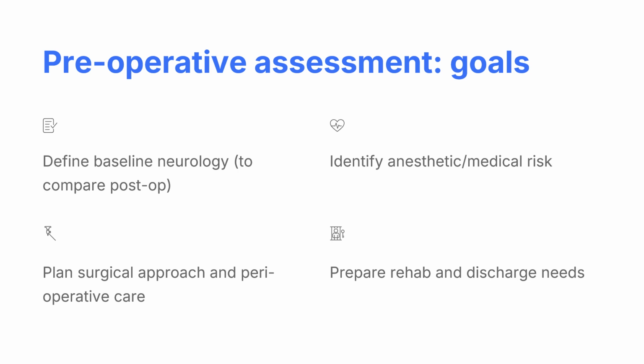That is what we should define. We should identify the medical risk or anesthesia risk. We should plan an approach. During perioperative care, surgeons will plan which surgery is to be done, and ultimately plan an appropriate rehab.